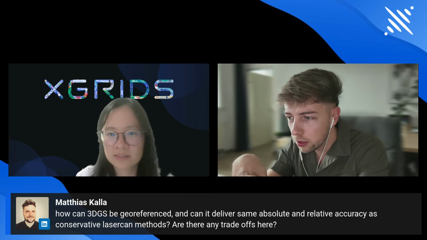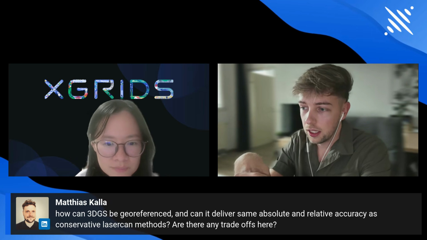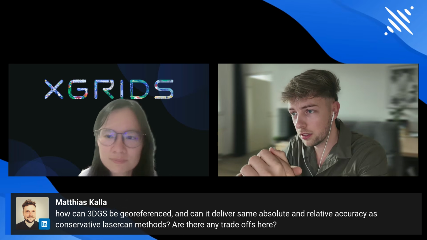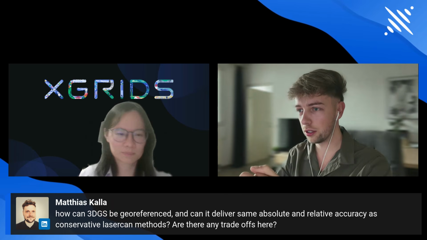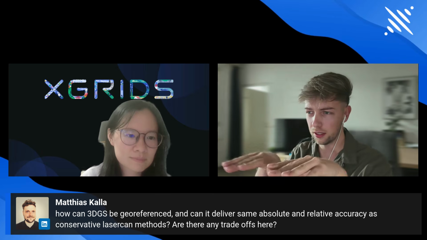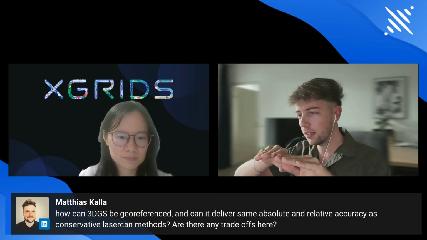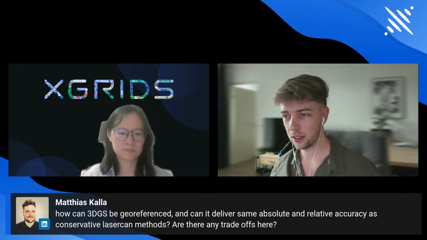And is the absolute and relative accuracy the same as conventional laser scanning methods? Is there any trade-off? Yeah, for sure, there is a little bit of trade-off, because mobile scanners will never be as accurate as terrestrial scanners. At long distances, maybe half a degree will be wrong, and then over 100 meters you get a little bit of slope in the scan.